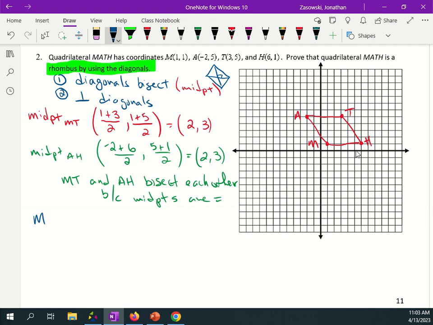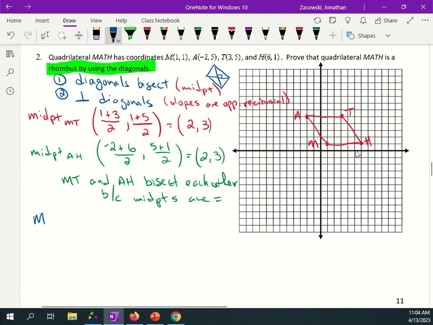Now we have to show that the diagonals are perpendicular. So what are we looking for to get perpendicular diagonals? We know we're going to use the slopes, but how should the slopes be related? Yes, we have to show that the slopes are the opposite reciprocals, writing on our graph here. So they're negative reciprocals of one another.